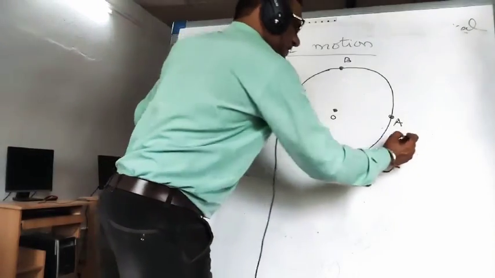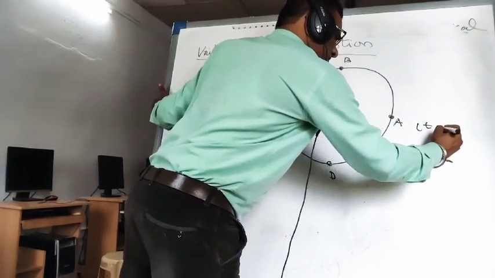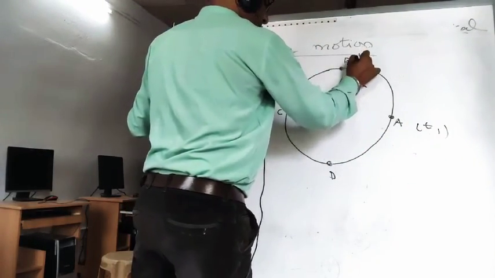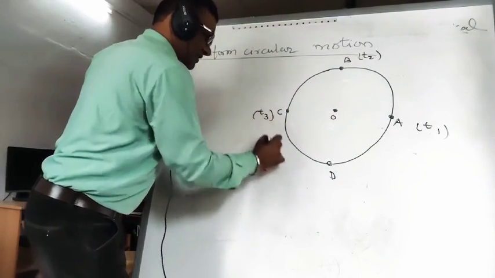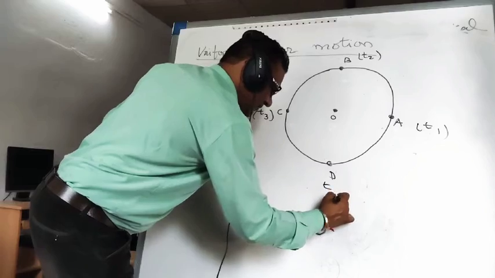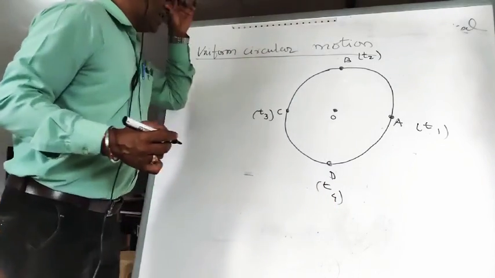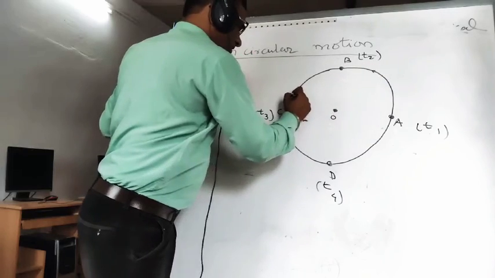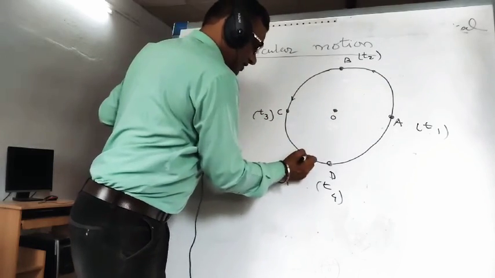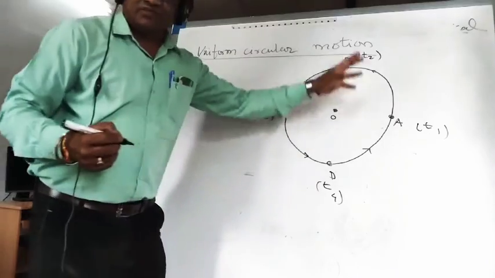Let the object be at A at time t1, at position B at time t2, at position C at time t3 and at position D at time t4. So the object is moving in an anti-clockwise direction. This is the direction in which the object is moving.